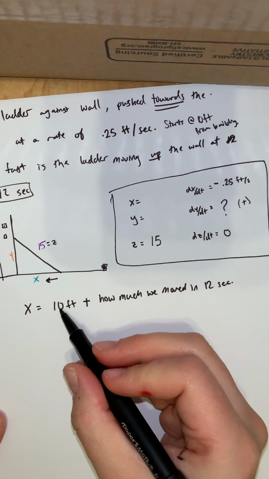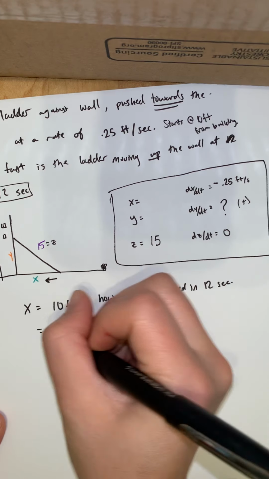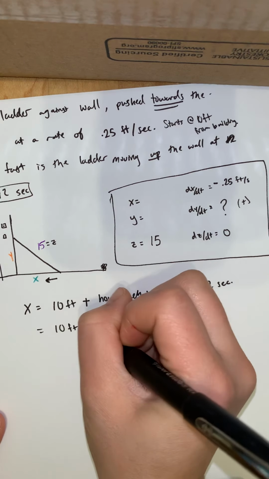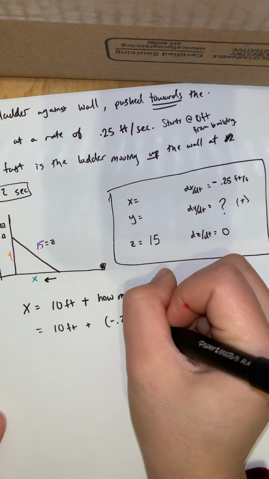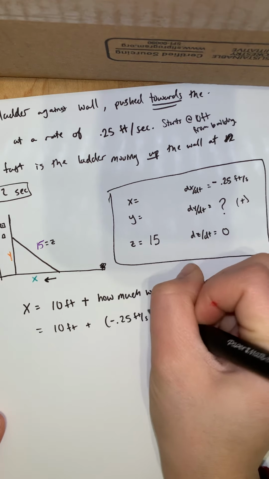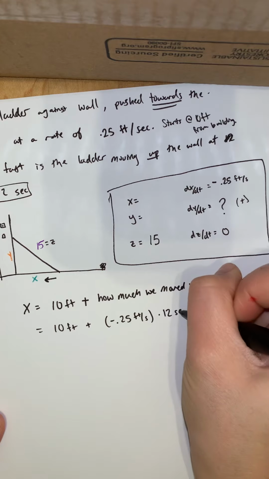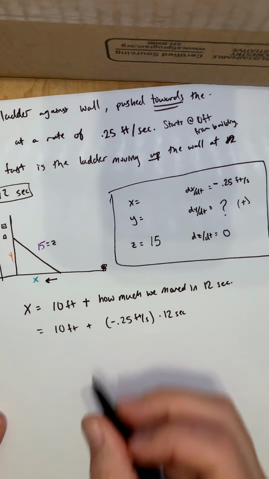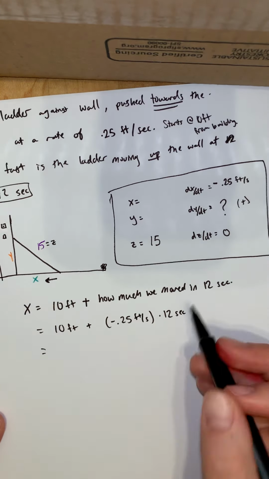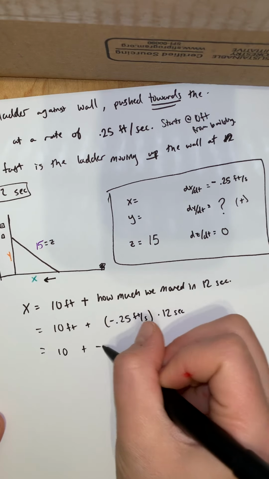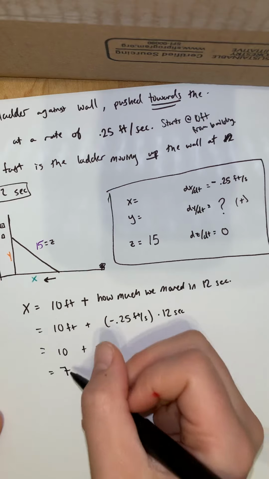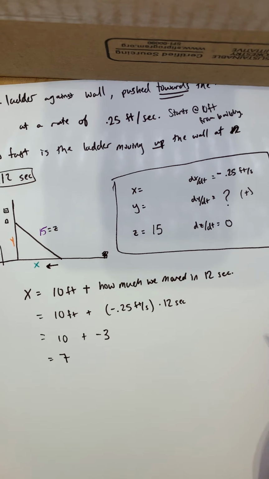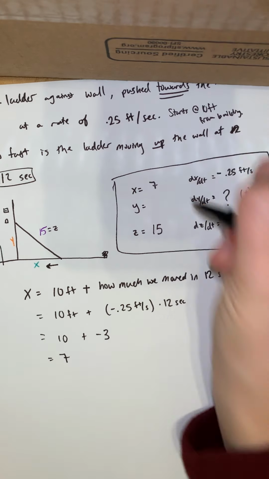So I started off at 10 feet and then I have however much I moved in 12 seconds. This is 10 feet plus negative 0.25 feet per second times 12 seconds. So this is going to give me 10 plus negative 3, which gives me 7. I realize now I'm writing way too big for the space that I have. So this guy is 7.